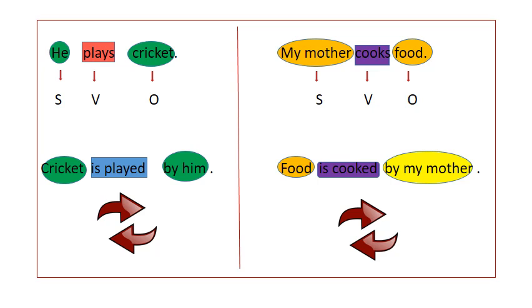Now, in the passive voice, the object of the verb will become the subject of the verb, and the subject of the verb in an active voice sentence will become the object of the verb in the passive voice sentence. Food is singular, so with singular we will use "is." Food is, then "cooked," the past participle form of the verb. "Food is cooked by my mother."